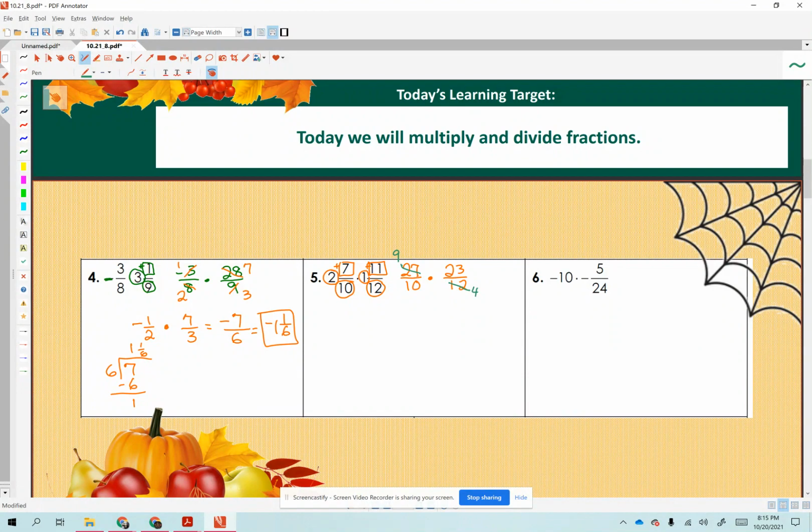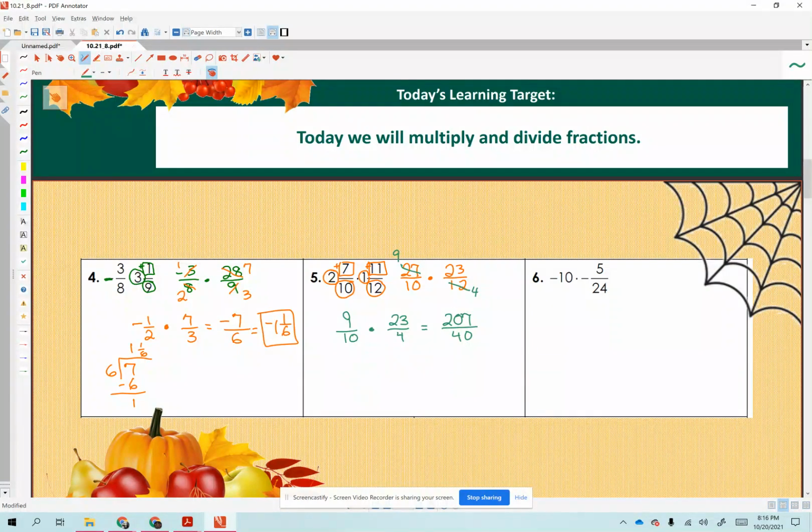So I can rewrite my fraction as 9 tenths times 23 fourths. And you may need to use a calculator today to complete some of these multiplications. We have 9 times 23 is 207, and 10 times 4 is 40.